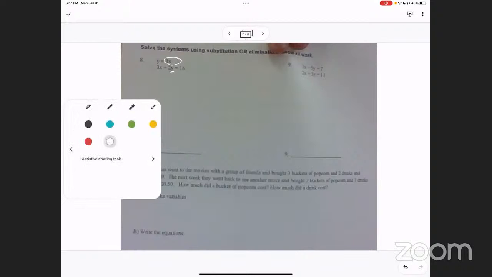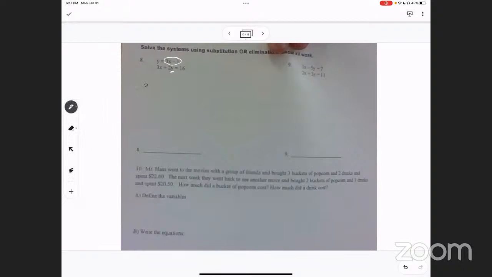I'm going to rewrite the equation, but instead of writing y plus 2, I'm going to leave a big set of parentheses there. And now I'm going to plug in what y was equal to, which is 3x minus 1. So this is called substitution, right? It just lends itself really well to substitution. And now solve this equation.